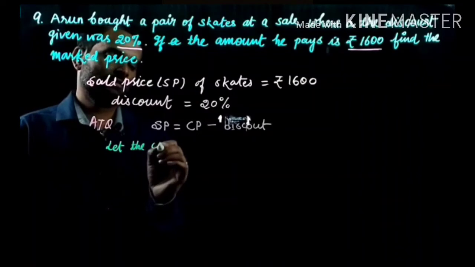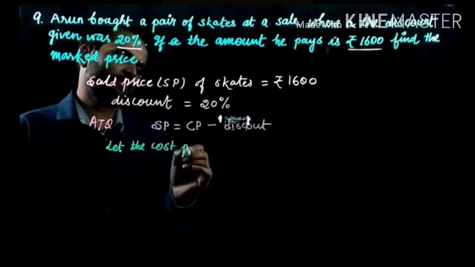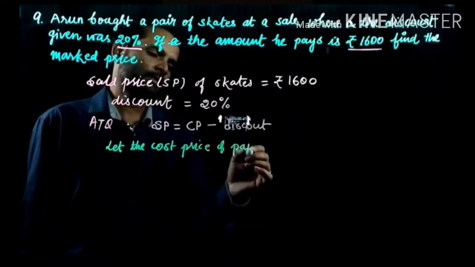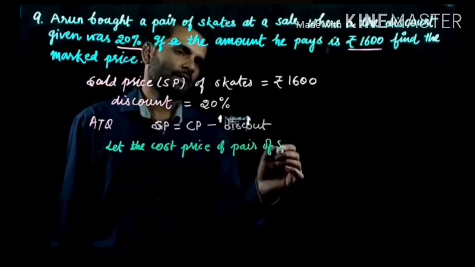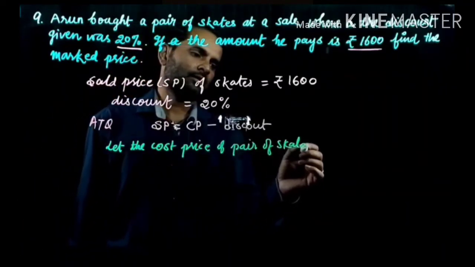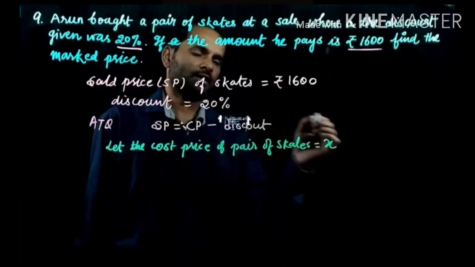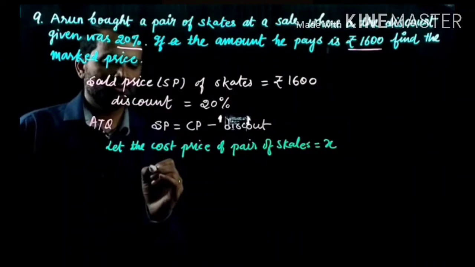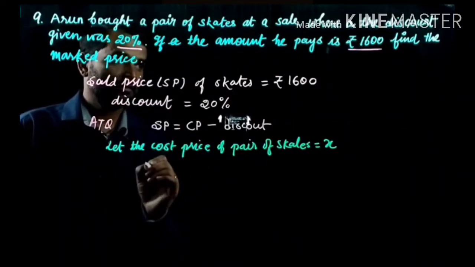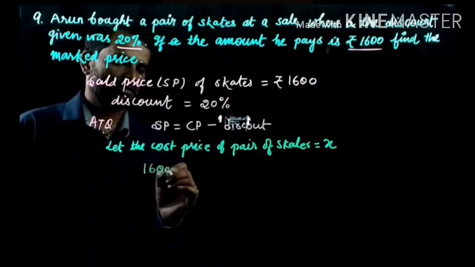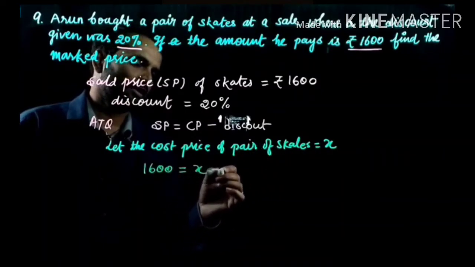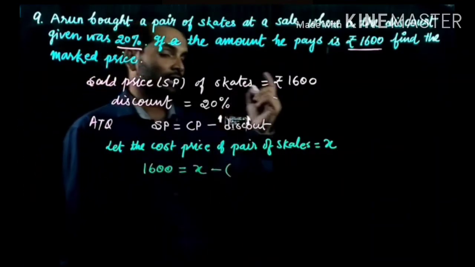Now we let the cost price of the pair of skates be X. So according to the question, we put the value: 1600 is equal to the cost price X minus discount.